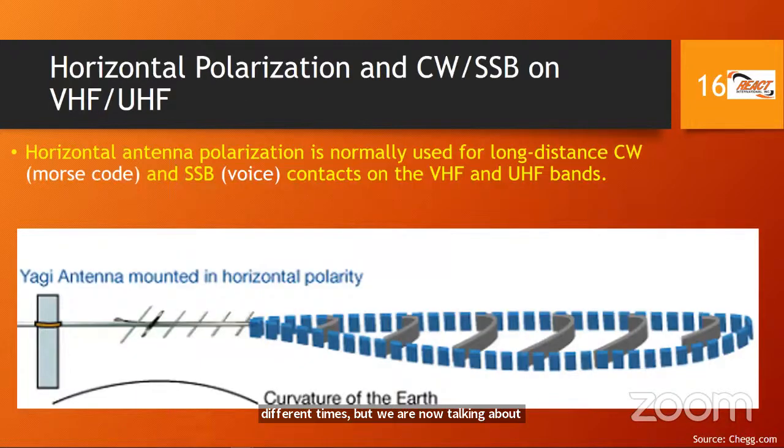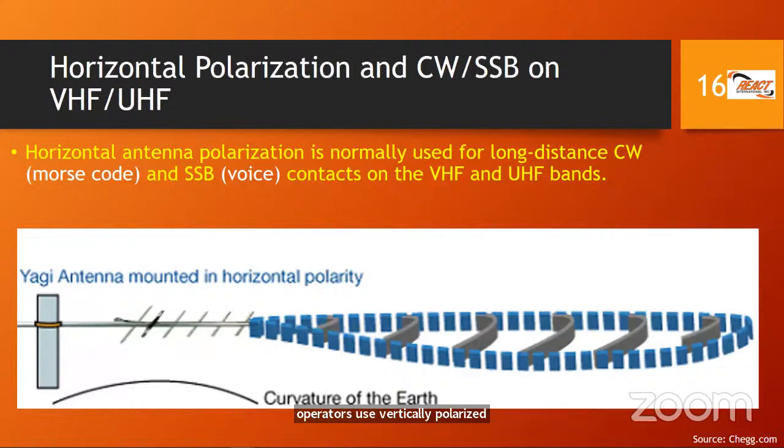All right, so let's come to an exam question in relation to polarization. So you may remember this diagram from two slides ago where we have a mast and we have our antenna and it's horizontally polarized. That means the signal is horizontally polarized. And you may be wondering, do hams or amateur radio operators use vertically polarized antennas or horizontally polarized antennas?